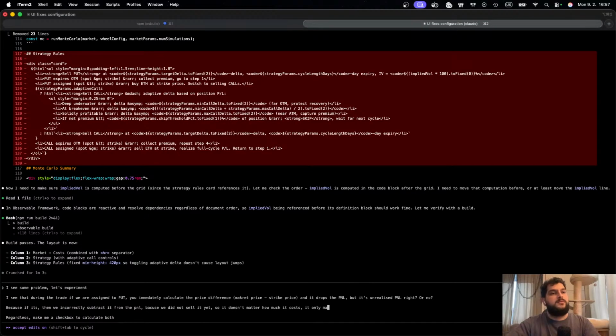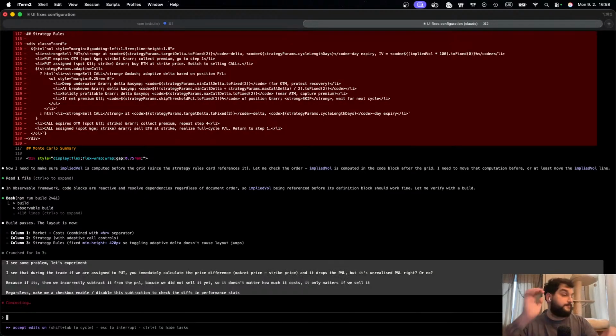It only matters if we sell it. Make a checkbox to disable this subtraction to check the difference in performance stats. Let's just take a look quickly at this thing, and I think we can just finish.